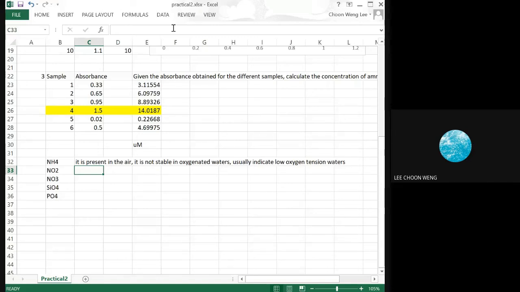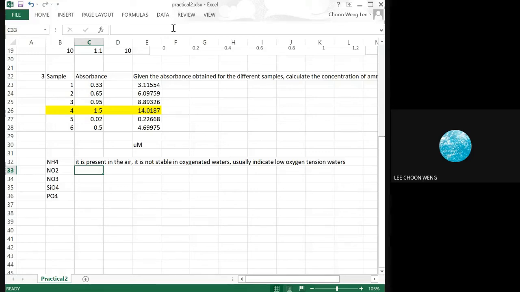Ammonium also indicates whether the water has low oxygen tension, whether the water is reducing. Because if you see a high concentration of ammonium in your waters, it could indicate that the waters in the system is reducing.